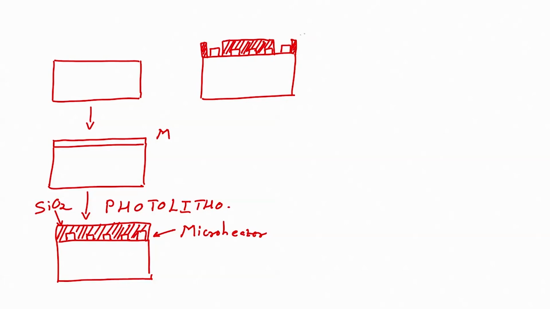So, what you can see is that there is a micro heater and there is silicon dioxide, and this is also silicon dioxide. You can say it is glass.